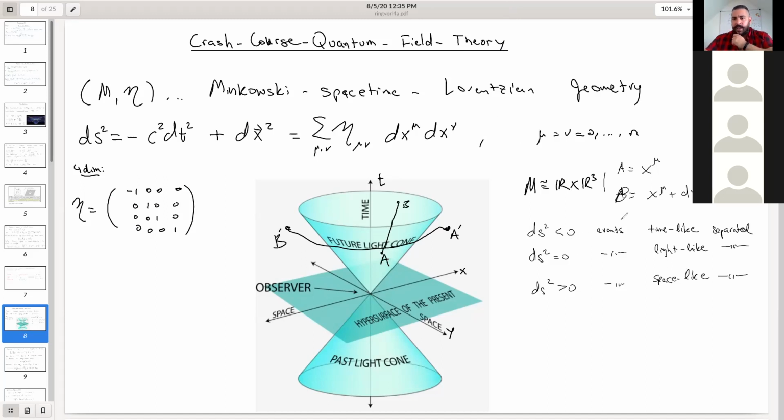First of all, 2 events are time-like separated if ds squared is less than zero. If it is equal to 0, then it's light-like, which means it moves at the velocity of light, if I may oversimplify it. And ds squared bigger than 0 is space-like. And 2 observers, A prime and B prime, that are space-like separated cannot influence each other because they're causally separated, okay?